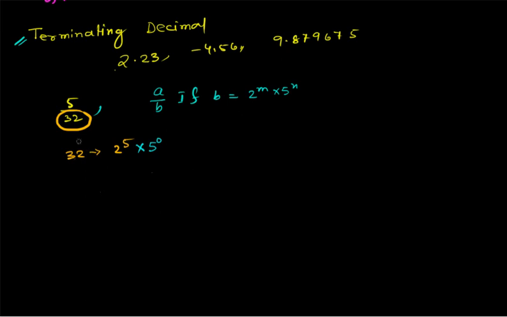So that means this 32 can be represented in the form 2 to the power m into 5 to the power n. Hence 5 by 32 is a terminating decimal.